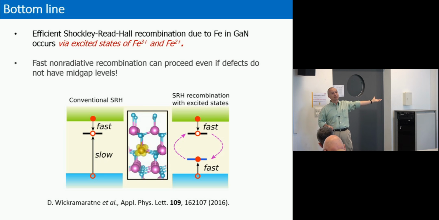Think back to the simple rule where you say, well, the defect has to be mid-gap. Why does it have to be mid-gap? Well, because the energy difference between the defect level and the band edge should not be too large.